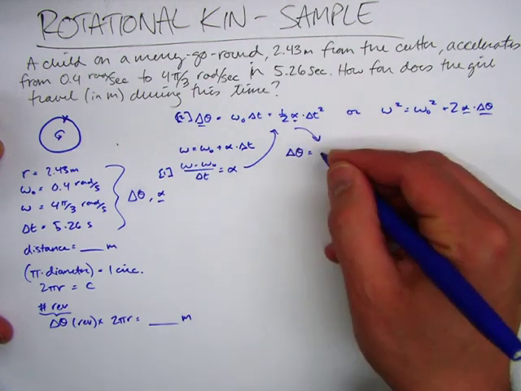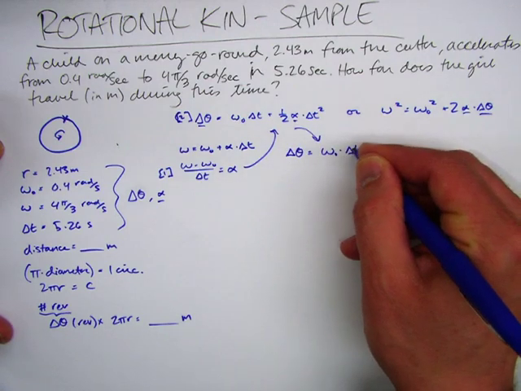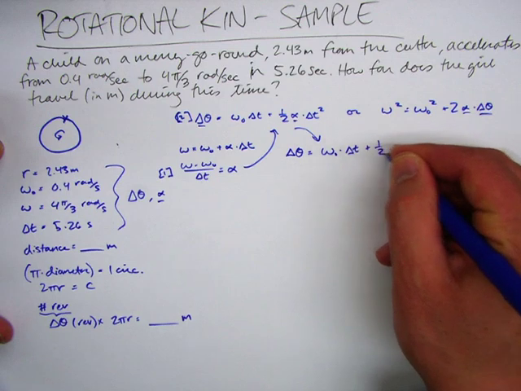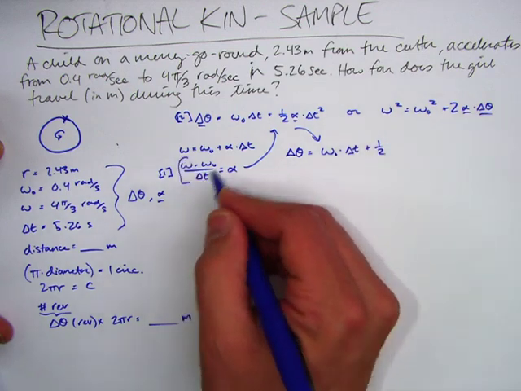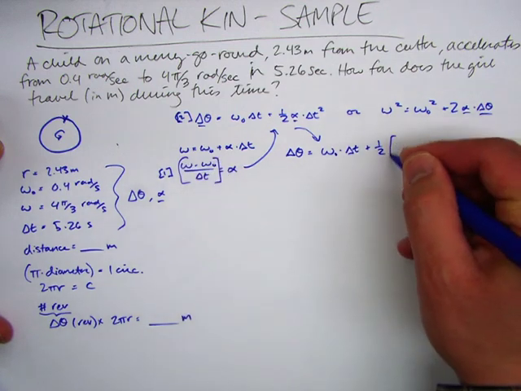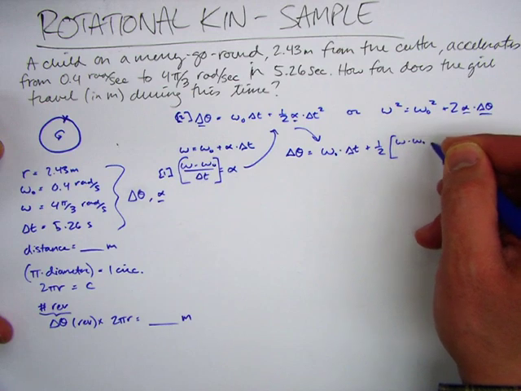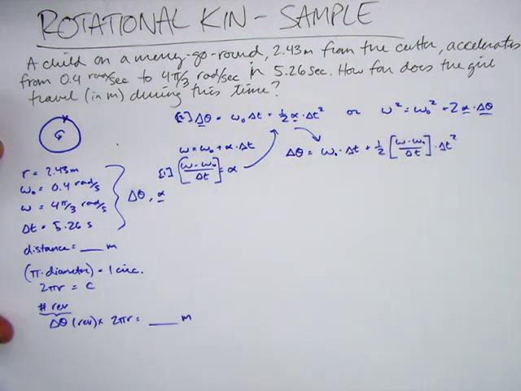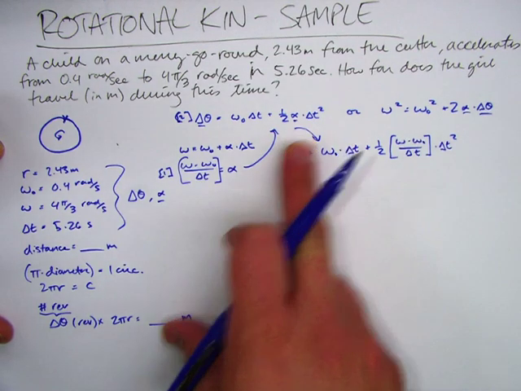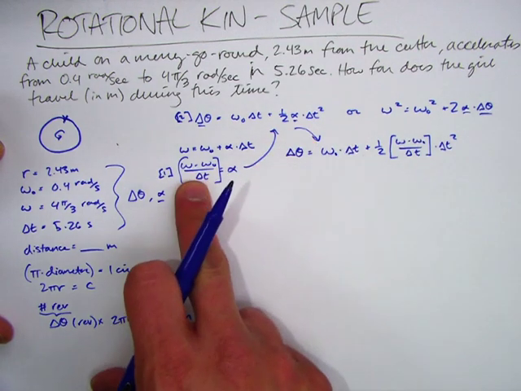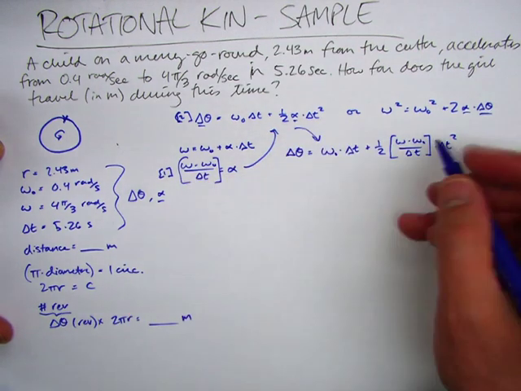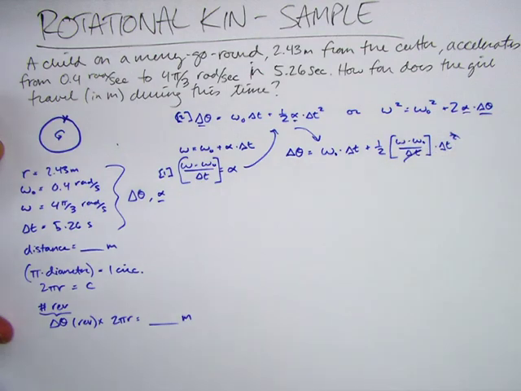Delta theta equals omega naught delta t plus 1/2, and now for alpha I'm going to substitute in omega minus omega naught over delta t, times delta t squared. The reason I chose that one is because I have delta t in the denominator here and a delta t squared, and what's nice is that cancels out.